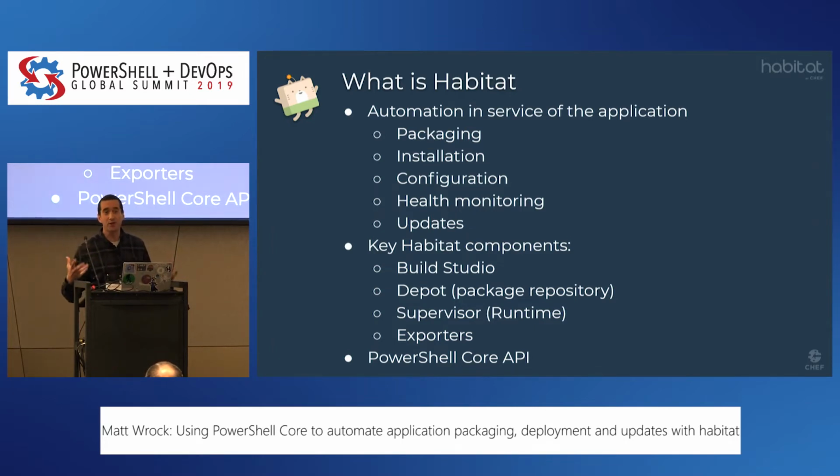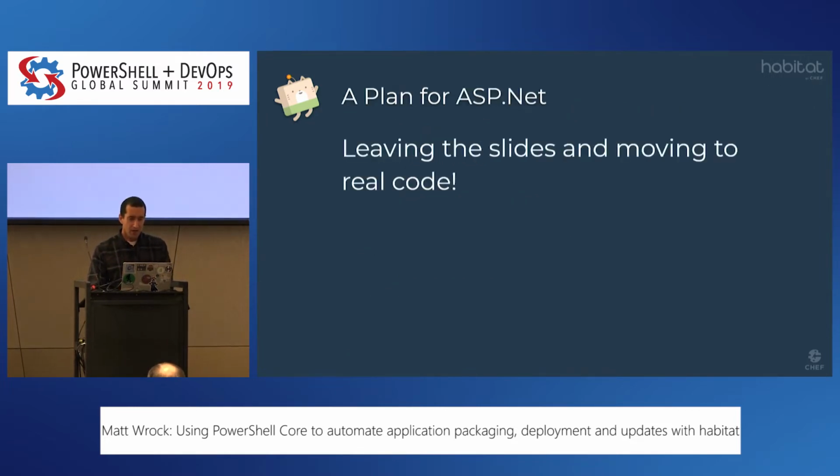We know exactly what version of PowerShell you're running to use our automation, so we don't have to have all this crazy logic of, well, gee, are you on this version of Windows? Are you using this version of PowerShell? It makes some of that super easy. And we've had to submit a couple of PRs into PowerShell Core, and that's been awesome too. We can build PowerShell Core on our own, so that's the key API into Habitat and what we'll be looking at.